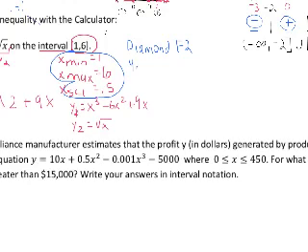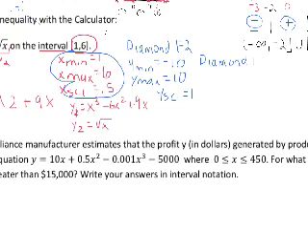Your Y min, you can let it stay -10. Your Y max can be 10, and your Y scale will be 1. And now you hit diamond and F3. And now you can see, since you're only on the interval from 1 to 6, you should see this.